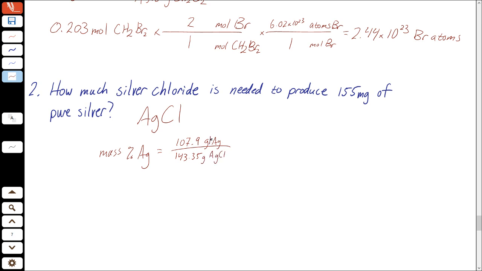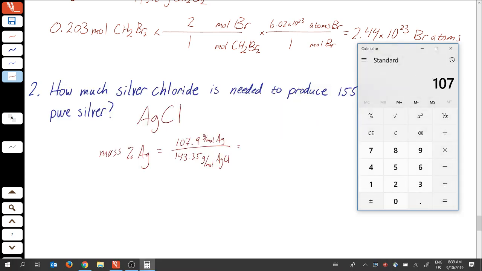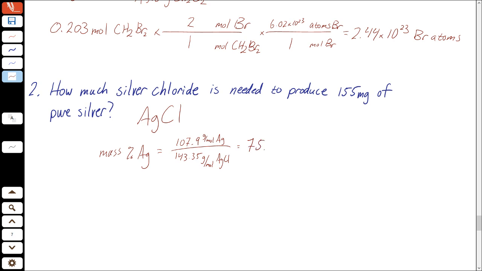That's actually grams per mole, sorry. Let's fix that. 107.9 divided by 143.35 gives us 75.3%. So silver chloride is 75.3% silver by mass.